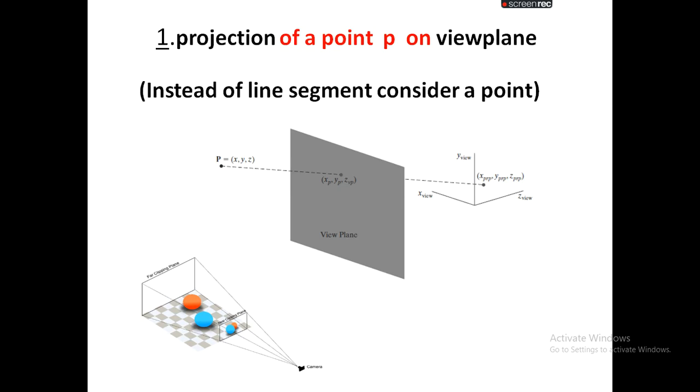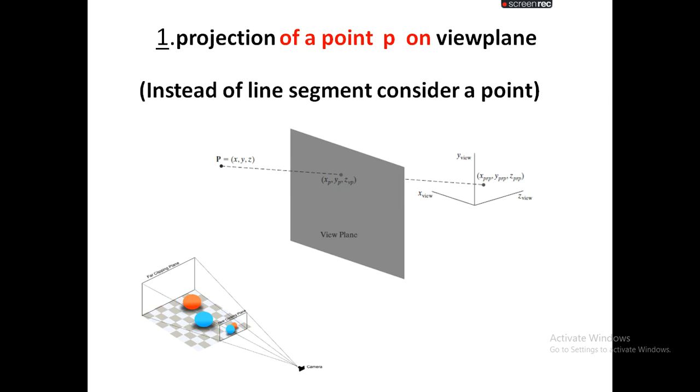But we know that every line segment contains two endpoints. So instead of determining the projection of a line segment on the projection plane, we want to derive the perspective projection coordinates with respect to only one point.